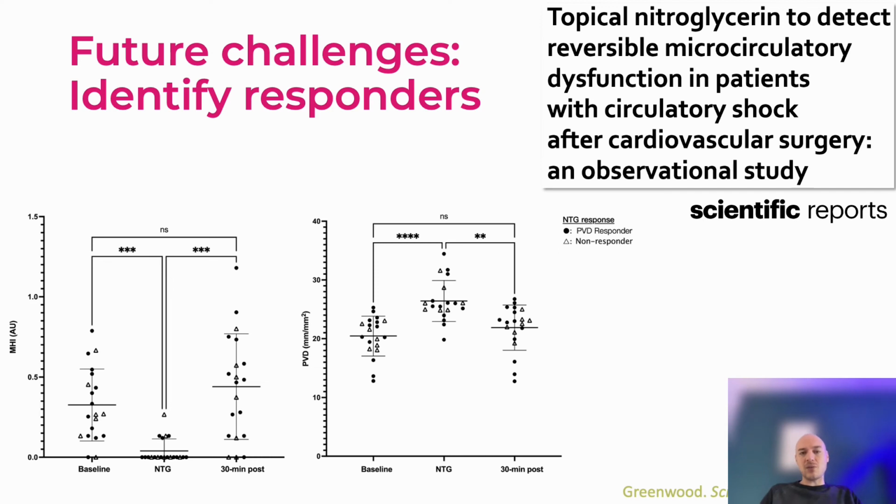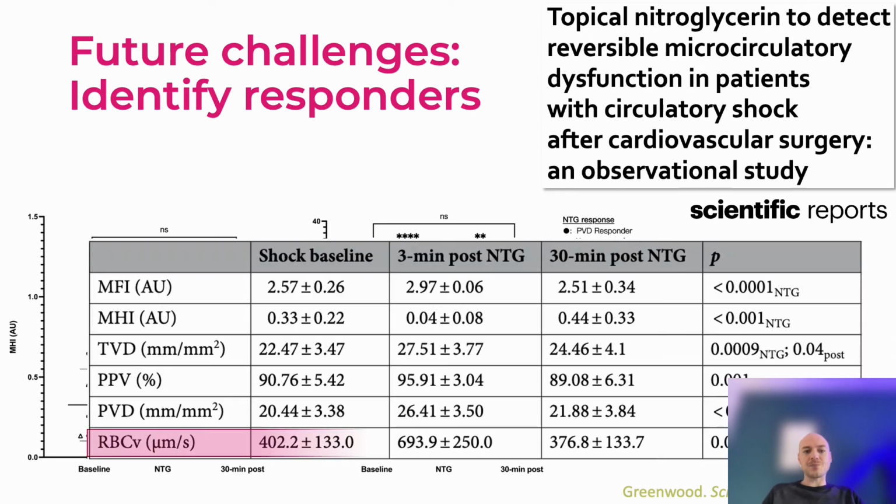Application of nitroglycerin improved both the diffusive component, with an increase in PVD and PPV, and the convective component with improved red blood cell velocities. So it is not known whether nitroglycerin acts primarily on precapillary sphincters or on the venous microcirculation.